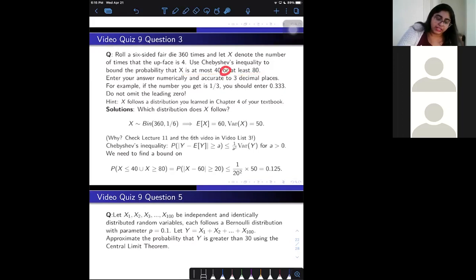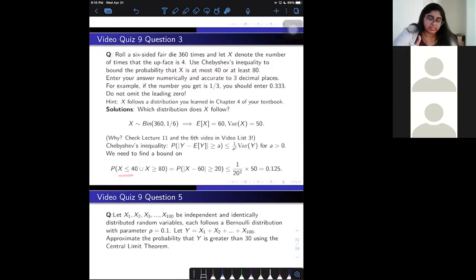Or symbolizes union, so here you will see I have a union. At most 40 means I cannot go beyond 40, or X cannot go greater than 80, at least 80. So it can be greater than 80 or less than 40.